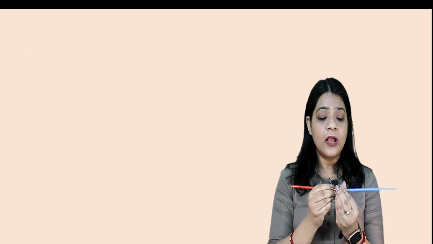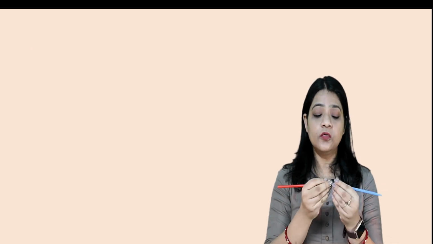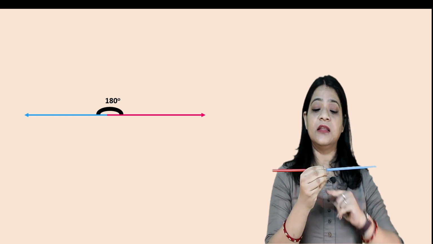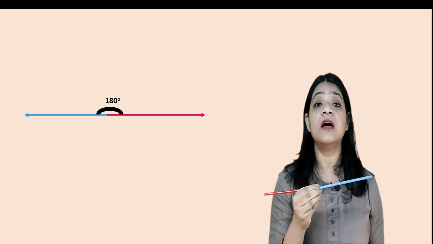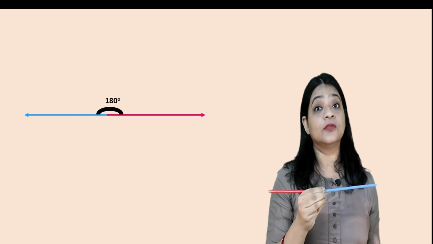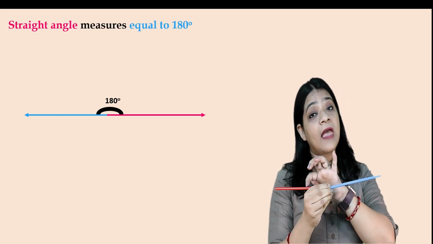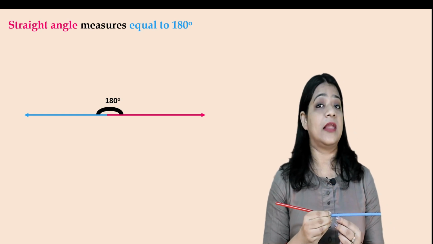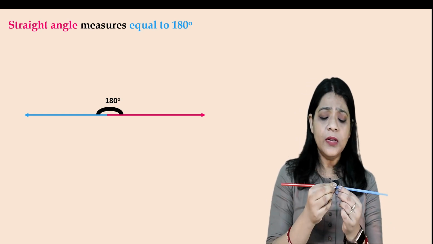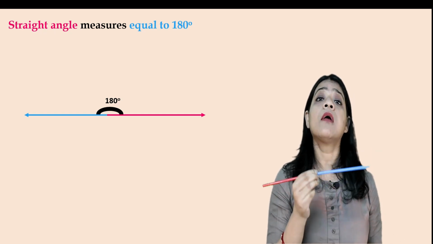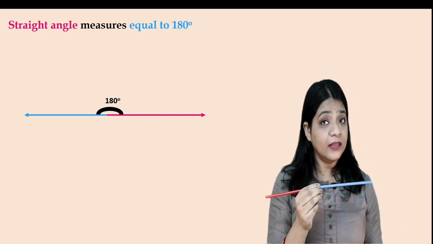Now, a time comes when these two rays are placed at this particular position, that is, it takes the form of a straight line. That is called a straight angle and it measures exactly 180 degrees. Now, you will tell me, ma'am, it is just a straight line, how come you are calling this an angle?